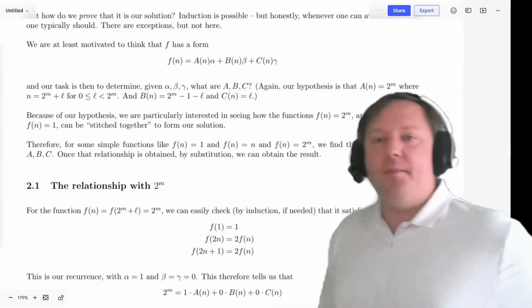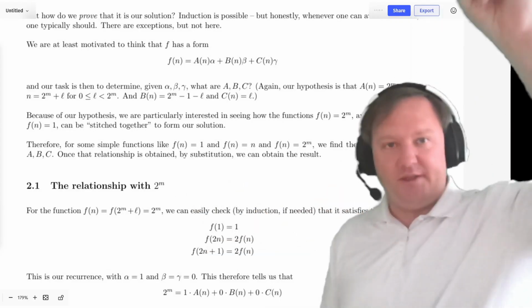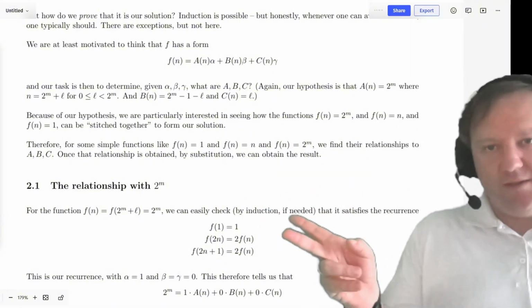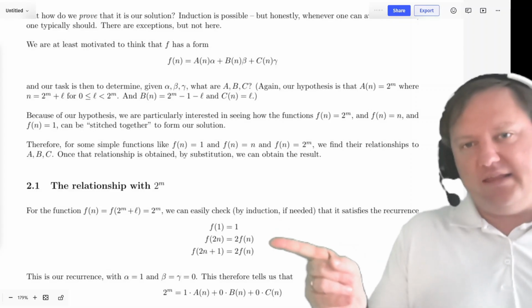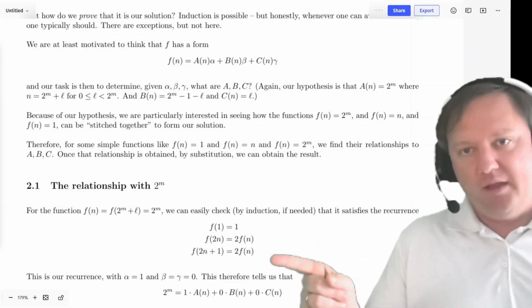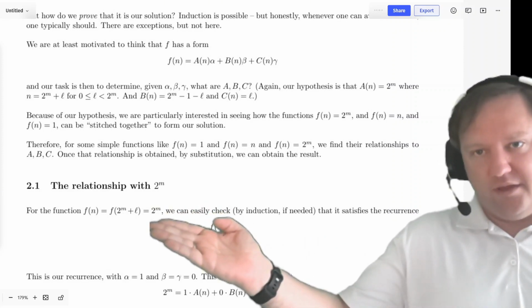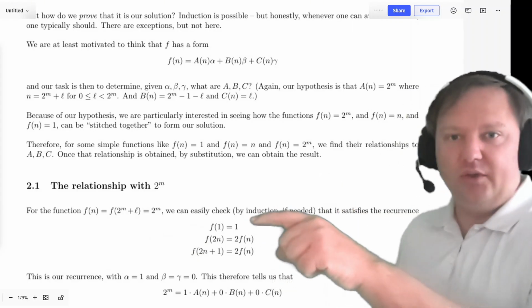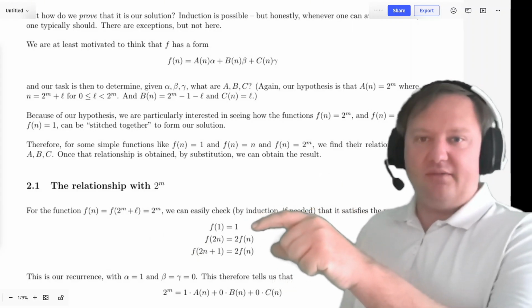Now, 2 to the m, I think that's fairly straightforward, especially given what we were thinking about earlier. I think it doesn't take too much difficulty to see that this is the generalized Josephus problem that is consistent with the function f of n equal to 2 to the m, right? Because 2 to the m certainly satisfies that.